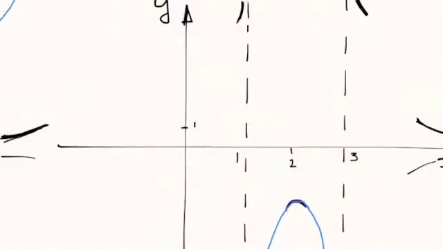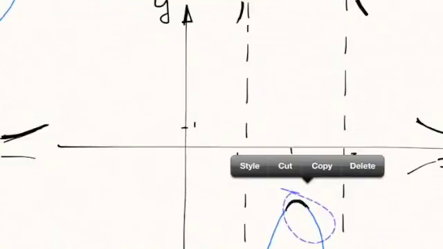So here is the maximum point, and the curve cannot touch the asymptotes, so this part of the curve has to be between x equal to 1 and x equal to 3.